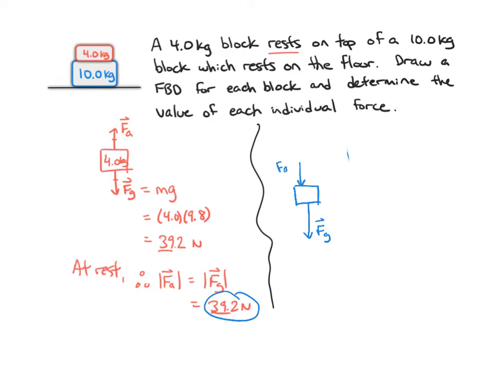That's the red block pushing down on the blue block. And it's going to be 39.2 newtons. So I actually have two downwards forces on this blue block. And then I'm going to have the normal force from the ground, which I'm going to draw quite large. Okay, the blue block is at rest as well.